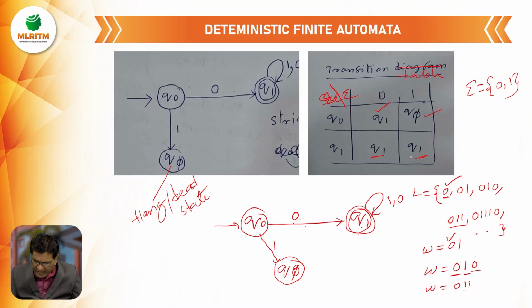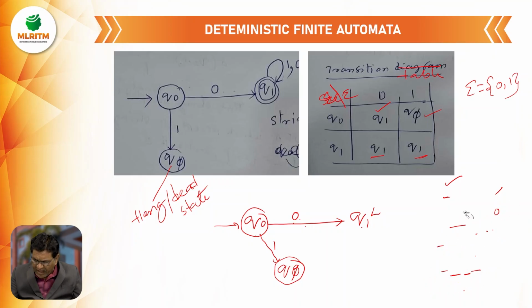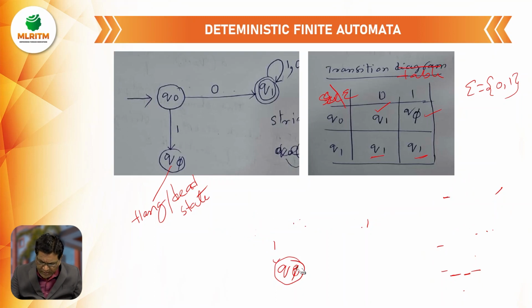Then you may have one doubt: sir, if we take any one string from the language, will it be accepted by the finite automata or not? We want to check. What I said is, when we reach the final state, then that string should be accepted by the finite automata.